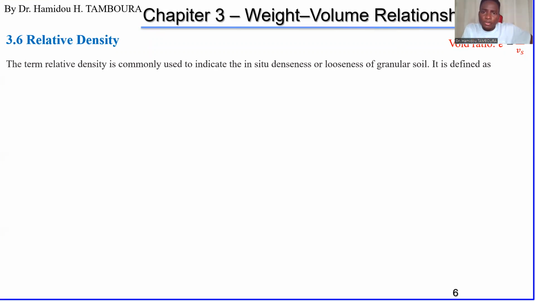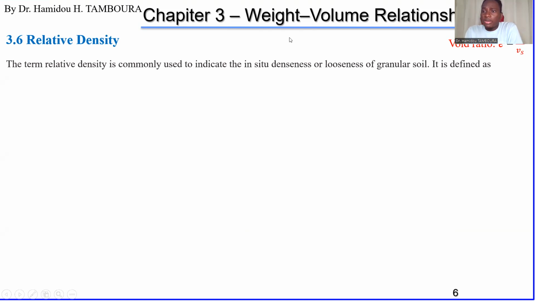Sometimes we need to know how dense our in situ soil is, and if we know the denseness or looseness of our in situ soil, we can decide to improve it. There are many methods of ground improvement. We will talk about this later.